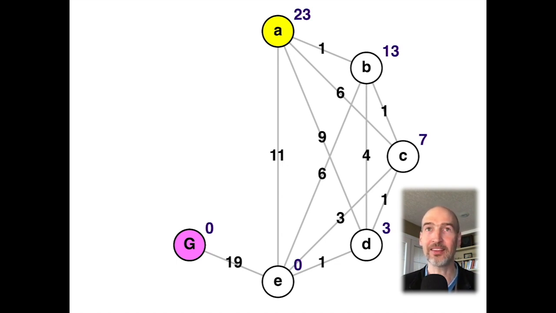In this problem, A is the start state, G is the goal state. The edges are all marked with their edge costs, and above and to the right of every node is the h cost for that node. We notice that the actual optimal solution is 23, so A has an optimal heuristic.